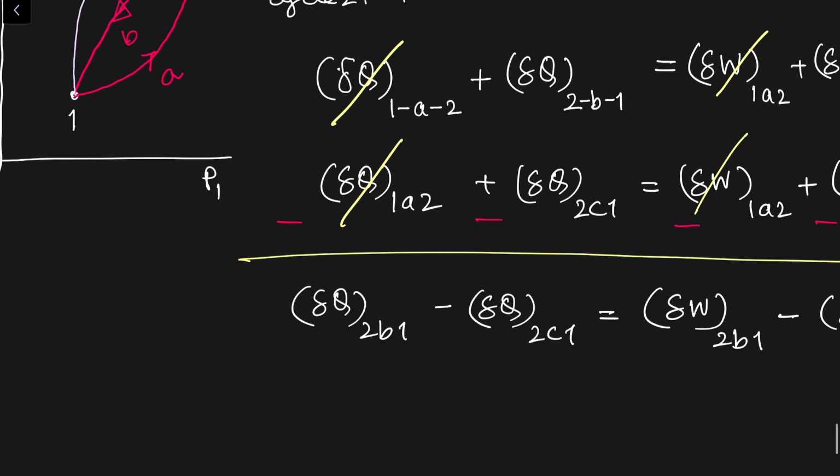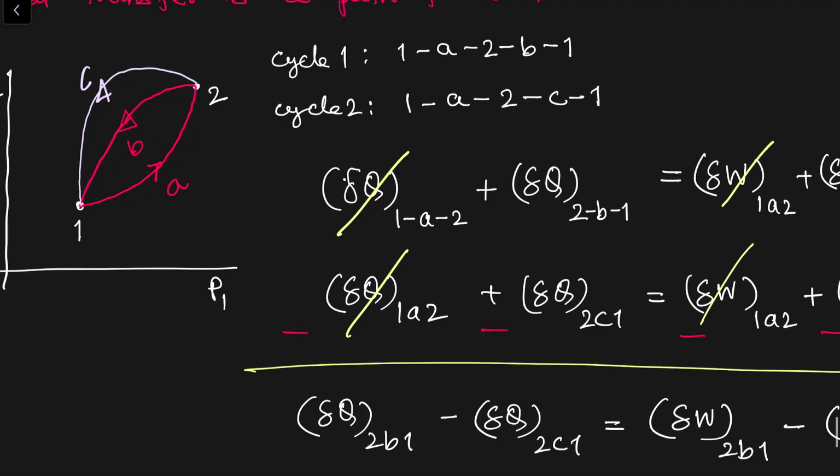And now we have already seen that work transfer is area under the curve. So if you see here, the work transfer when we are choosing path 2C1 is not equal to the work transfer when we are choosing path 2B1.